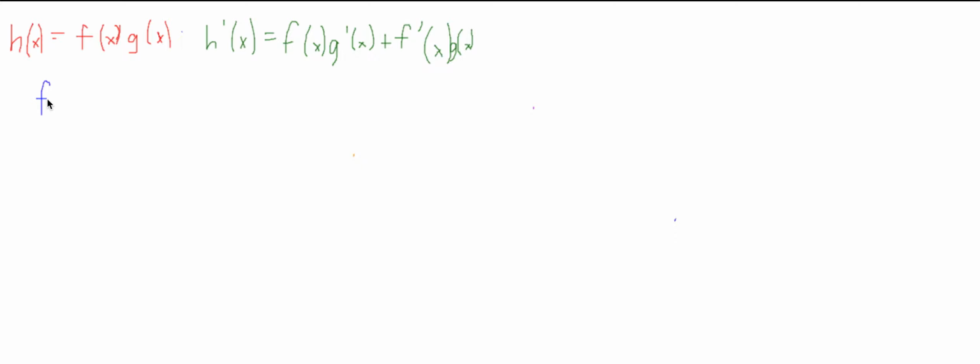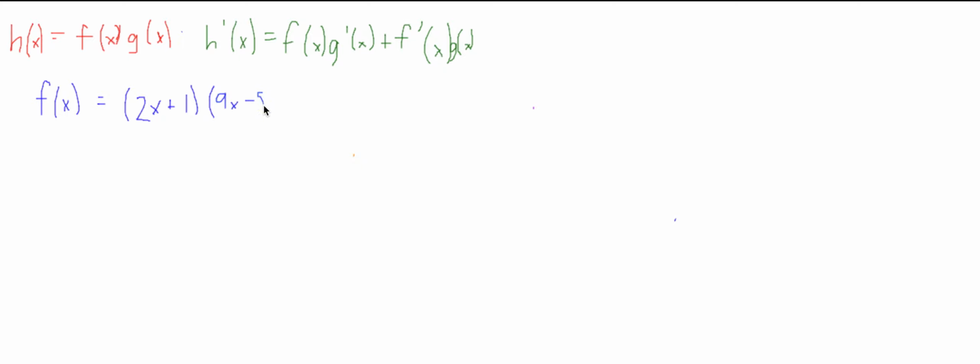So let's say you got this function here. f of x equals 2x plus 1 times 9x minus 5.